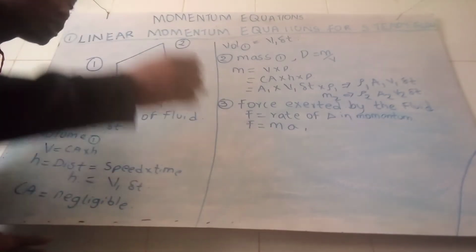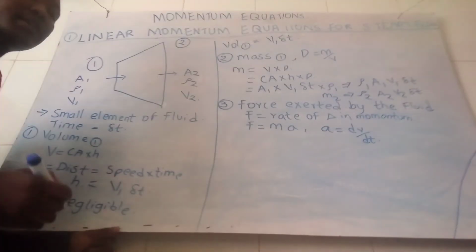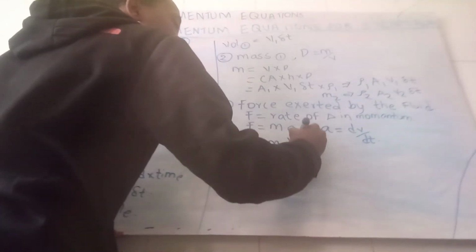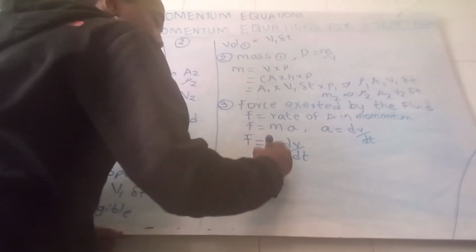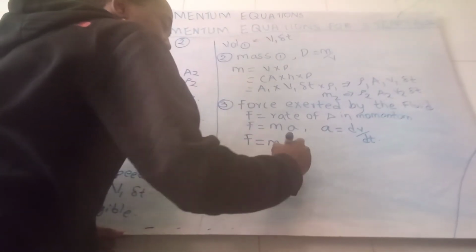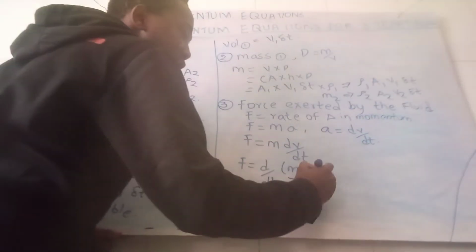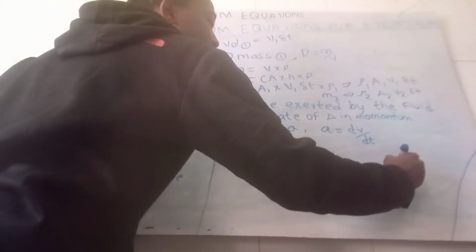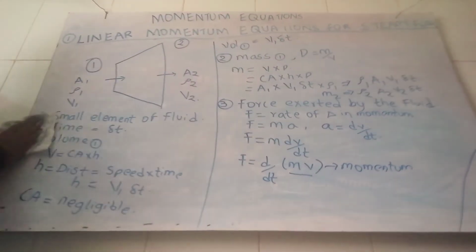Acceleration is change in velocity divided by change in time, so acceleration is given by dv over dt. Therefore, force will be given by m dv over dt, and we can write this as d over dt of mv, whereby mv is momentum, mass times velocity.